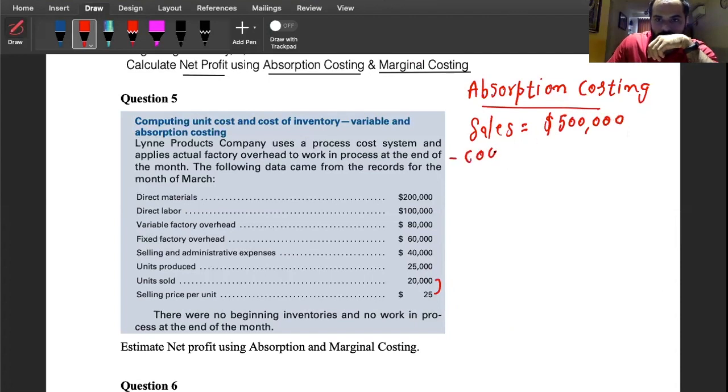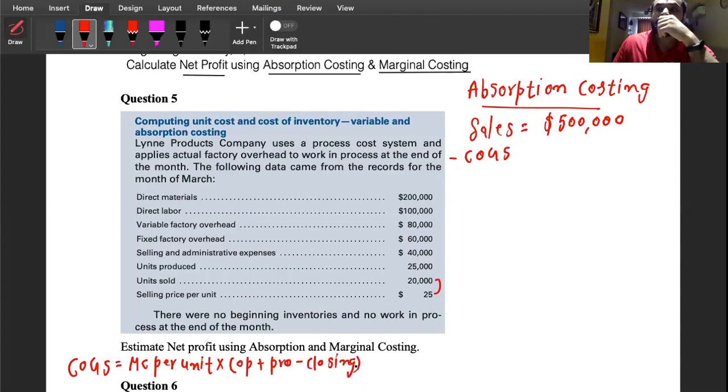Minus cost of goods sold. How do we calculate cost of goods sold? You know the formula of cost of goods sold is manufacturing cost per unit multiplied by opening plus production minus closing. But we already have some information given, like total direct material, total direct labor, total variable cost, and total fixed cost.